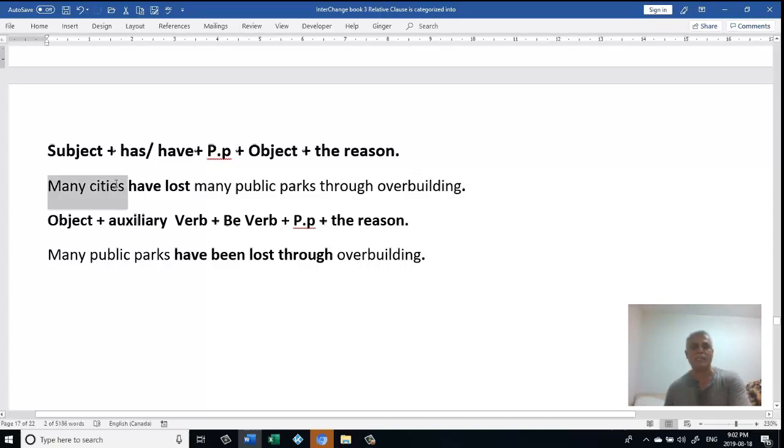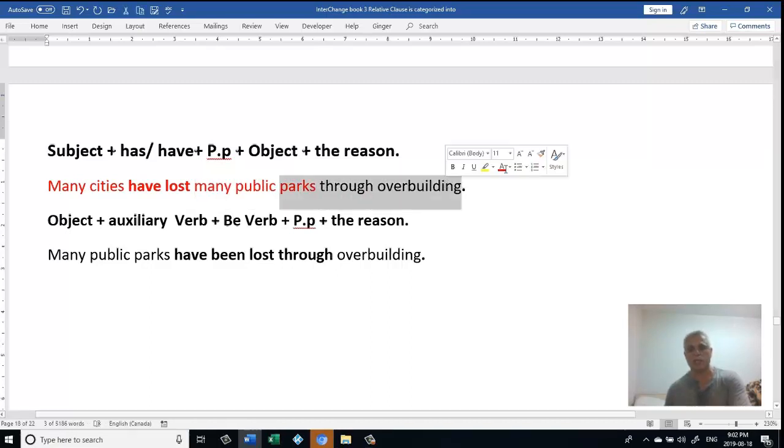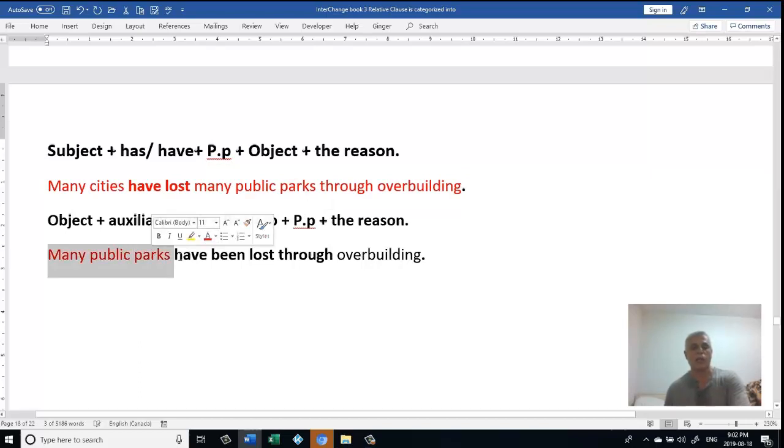We say many cities have lost, so this is present perfect, many public parks through overbuilding. That's my preposition. Then we're gonna take the object, which was many public parks. Then we have here, if you see, because it's plural, then we use have, the actual auxiliary verb.